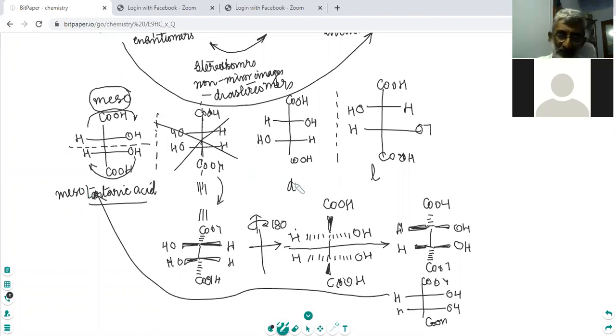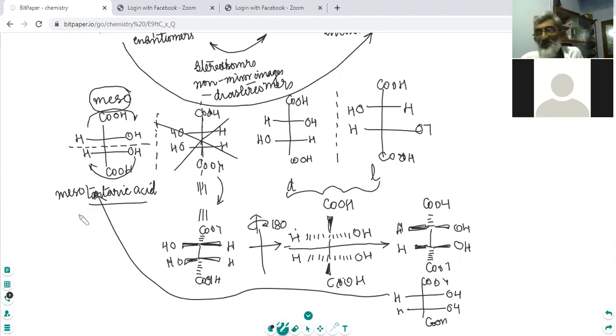So an equal mixture of these two will be DL tartaric acid. What is the difference between meso and DL mixture? Meso is a single compound, but DL is a mixture of two compounds. That means any mixture can be separated into its components. So a DL mixture you can separate into two components.